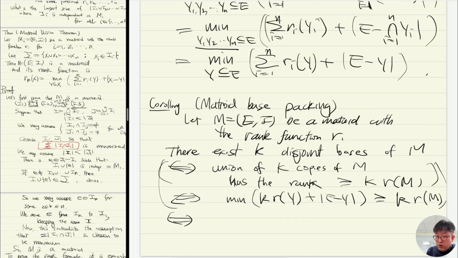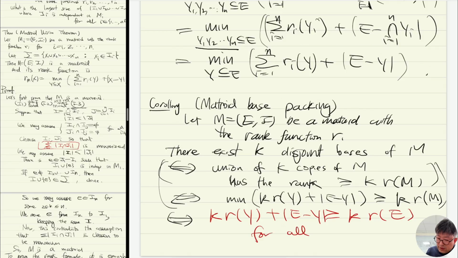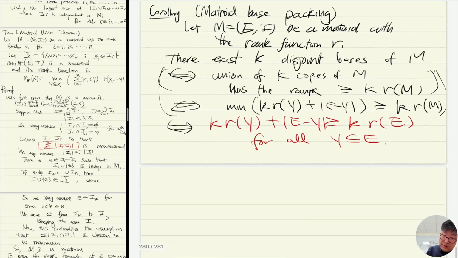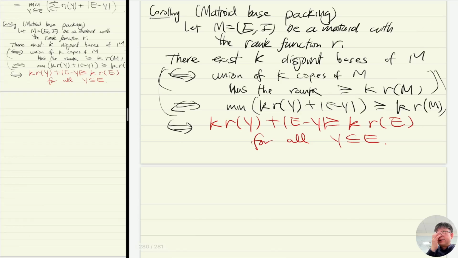So therefore we deduce the condition that k times R of Y plus the rank of E minus Y is at least k times the rank of E for all Y subset of E. So that's matroid packing.